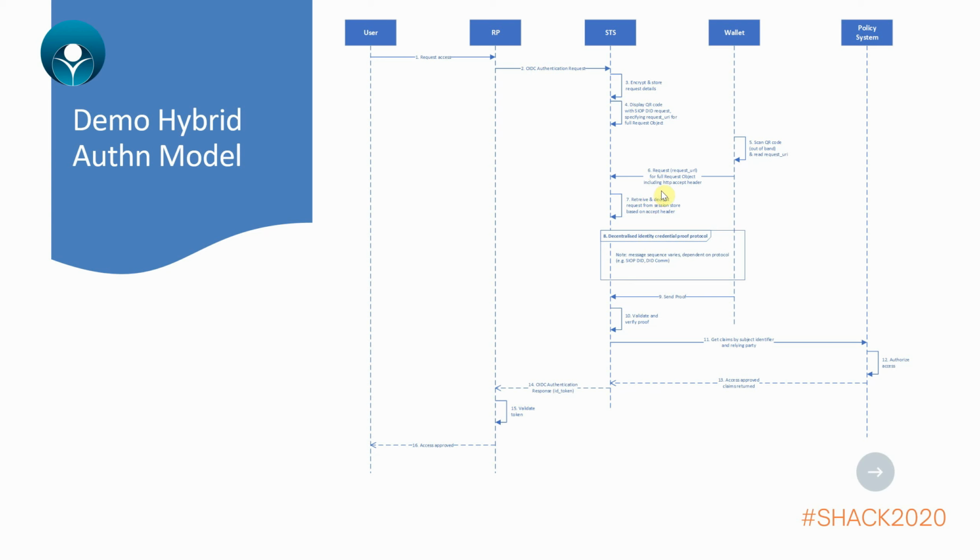In step 7, the STS retrieves and decrypts the requests that are stored in the session back in step 3, and based on the accept header, initiates a protocol depending on whether the request header was either SIOP DID or DIDComm. Either way, proof of the subject ID contained within the system access credential, which is issued by the employer, is sent back to the STS in step 9 here.